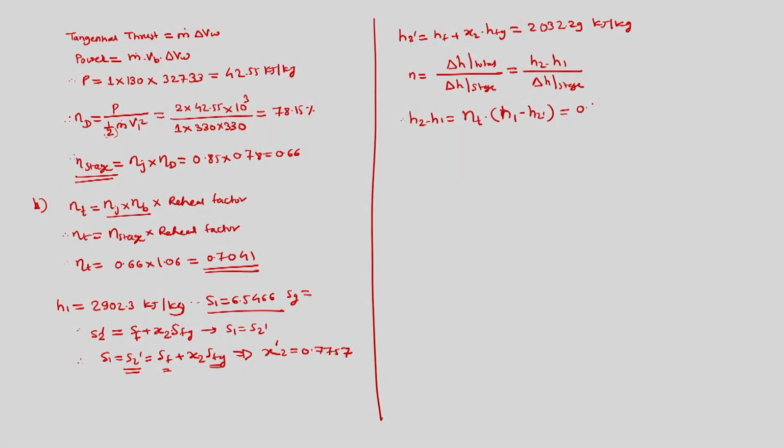So we know this efficiency is 0.7041, turbine efficiency, into H1, and H1 is basically the enthalpy at the entry to the nozzle, and that is 2902.3.